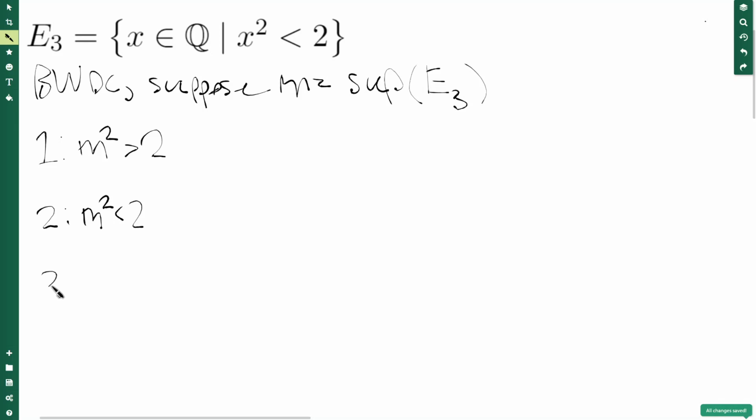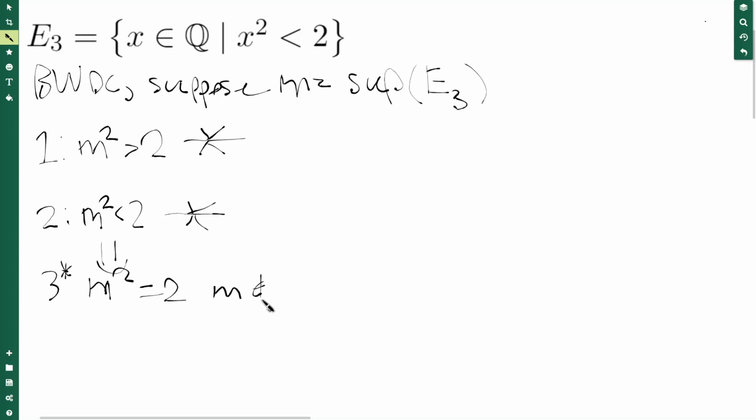Both of these cases imply that if we have a contradiction for both of these, then the third one will follow: the only case left is that m squared is 2, but we'll see that m in this case is not in Q.